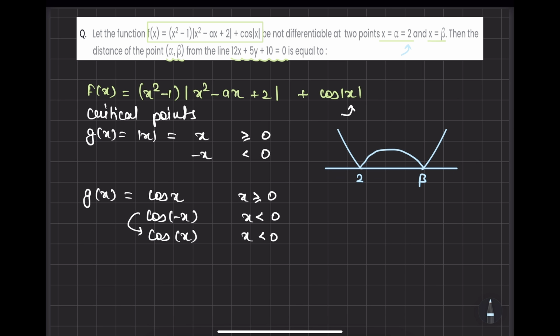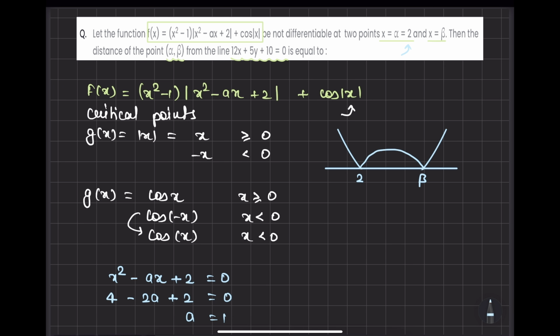First try to find out who is a. You know that 2 will be a root of this function, so can I write x square minus ax plus 2 equals 0? So 2 is the root, so it will become 4 minus 2a plus 2.